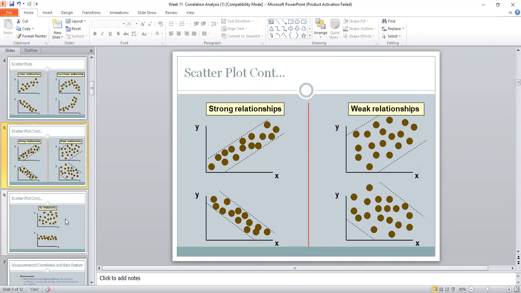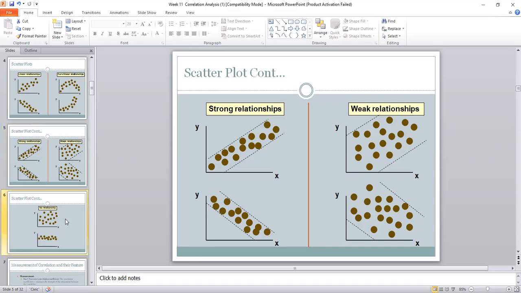A scatter plot will give you the type of correlation, positive or negative, but it only gives you the perceived strength. You can only say that it is strongly positively correlated or weakly, but there's no value.